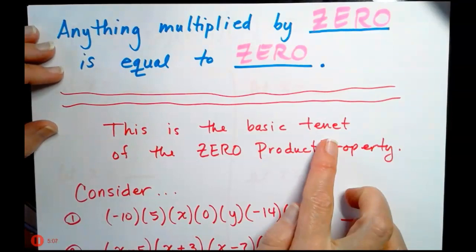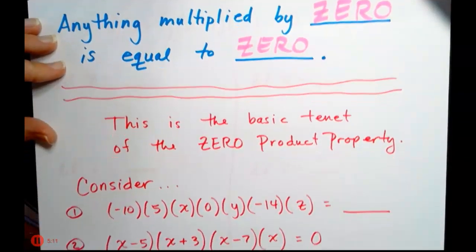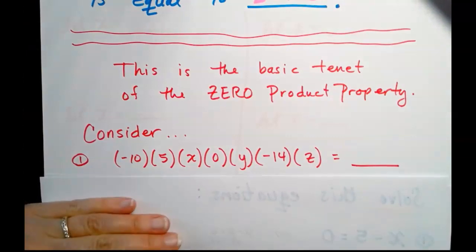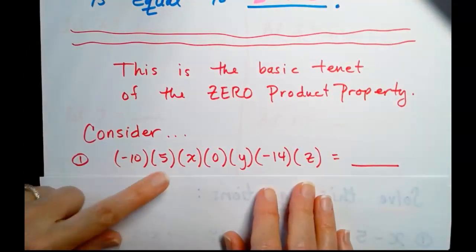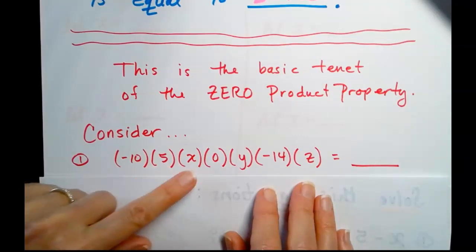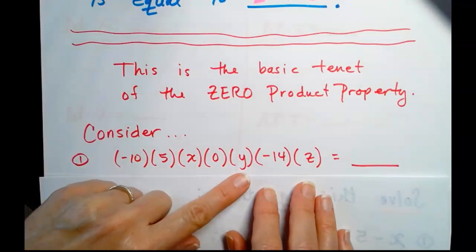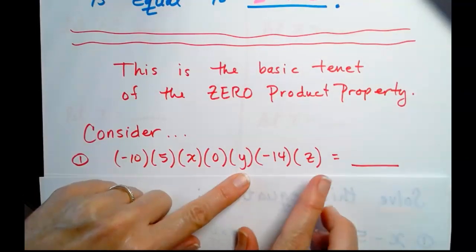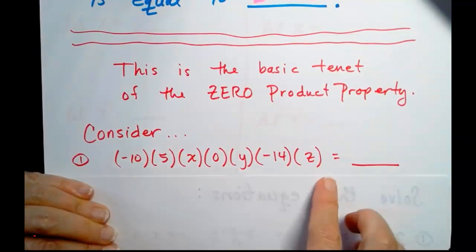This is the whole basic tenet of the zero product property. So take a good look for just a minute at number 1. It says -10 times 5 times x times 0 times y times -14 times z. What is that product?